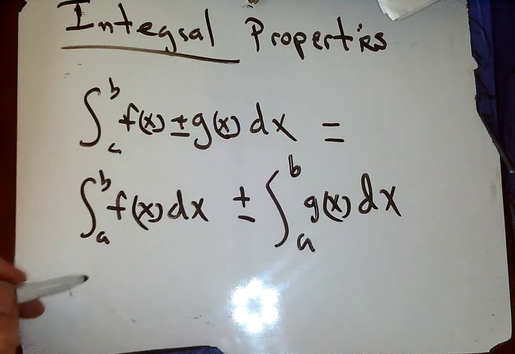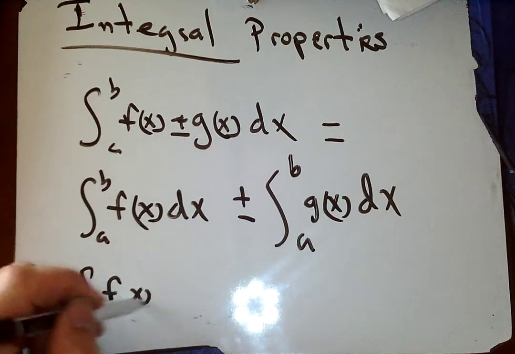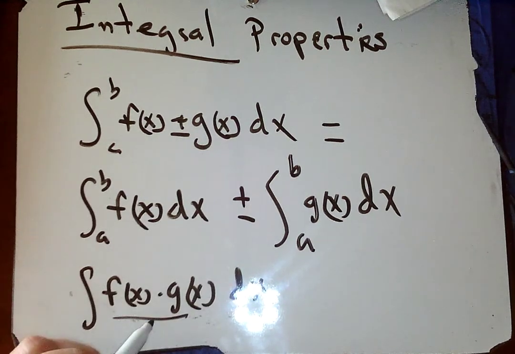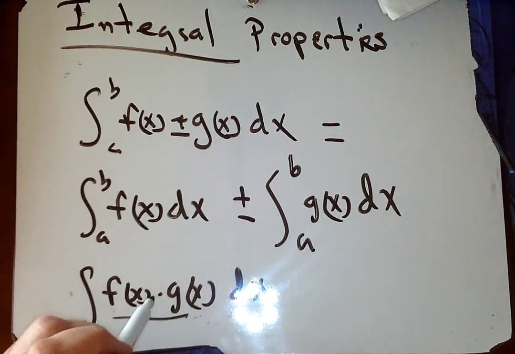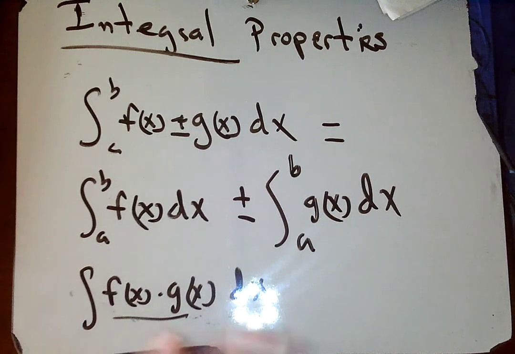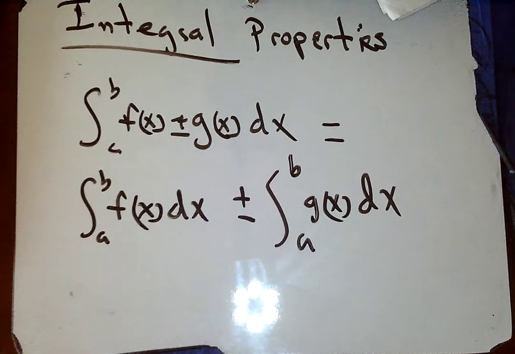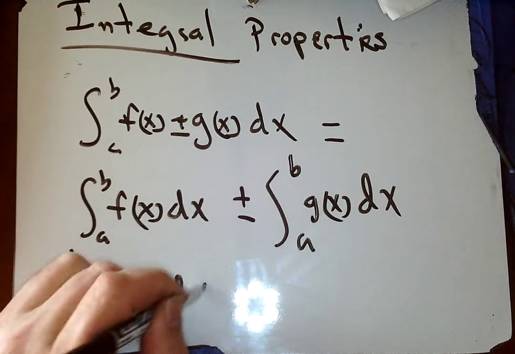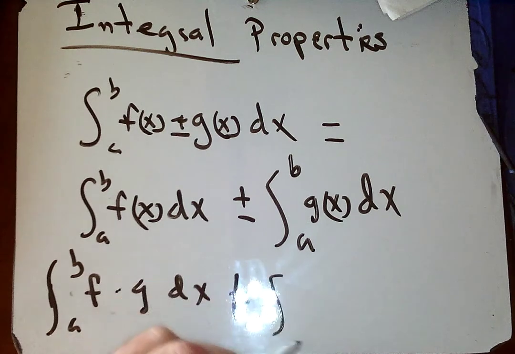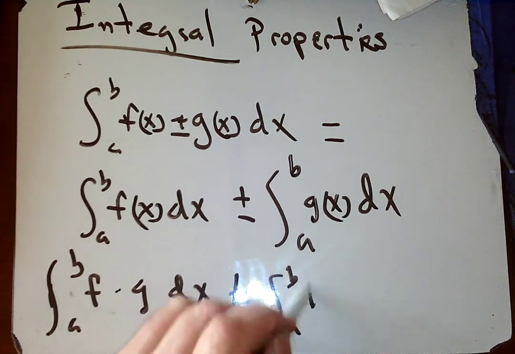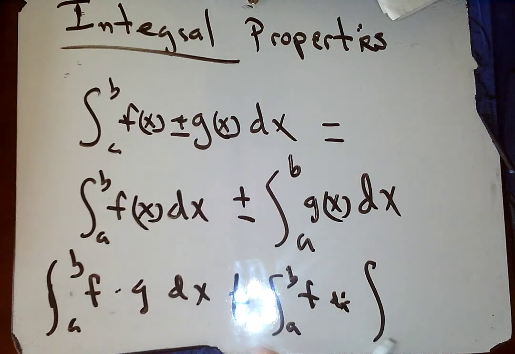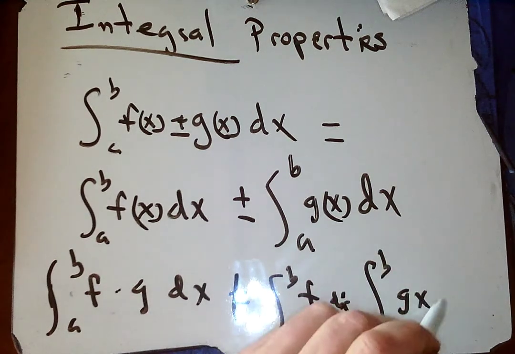Now, caution, we do not have a property for this. This is going to be a very special and different situation. We'll definitely be doing it, but not here. So no, this one, the integral from a to b of f times g, is not going to be the integral from a to b of f times the integral, don't lose that dx, from a to b of g.